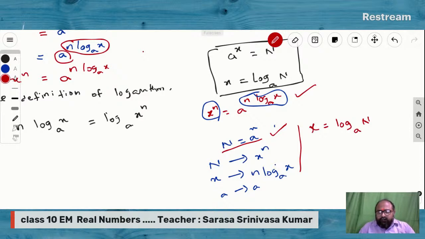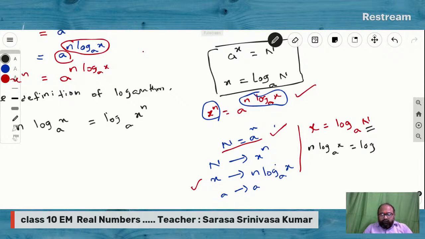So what is x value here? Here this is x. x is n log x base a. n log x base a equal to logarithm of capital N. What is capital N? Capital N equal to x power n.